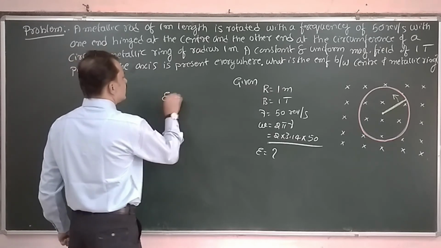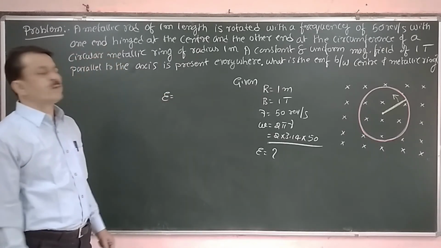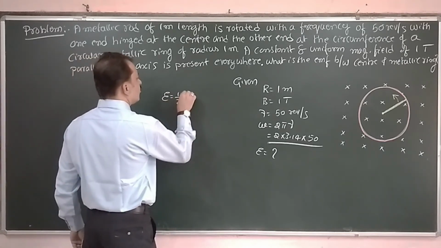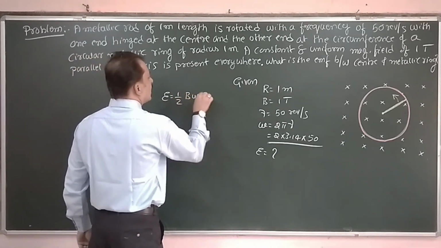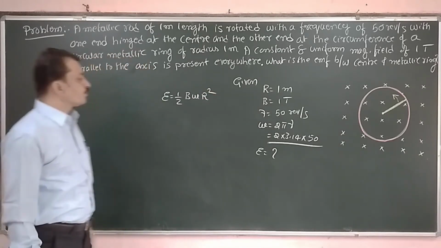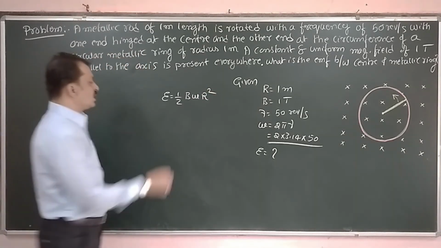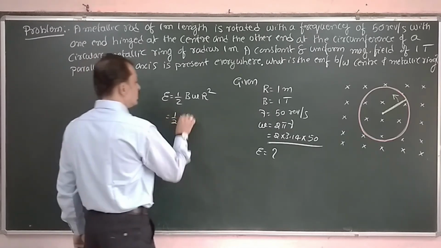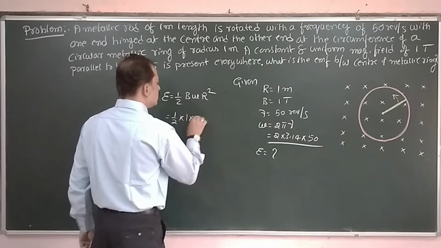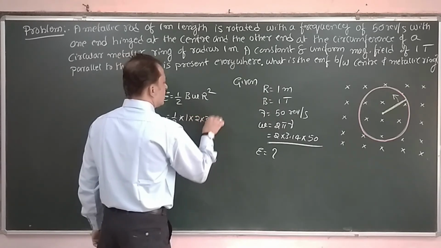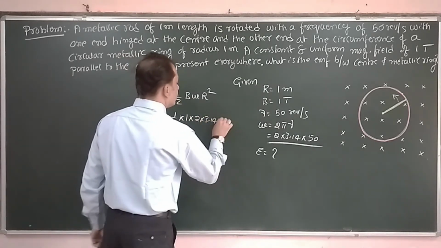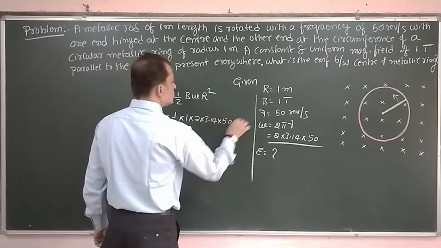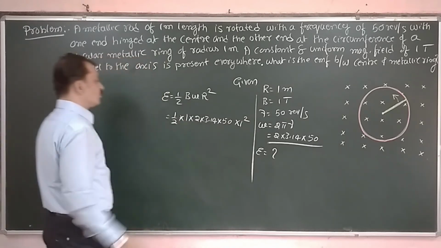Now we have studied the expression of motional EMF in the case of rotational motion. It is half B omega r square. Now just substitute the values. B is 1, omega is 2 into 3.14 into 50, and radius is 1 square.